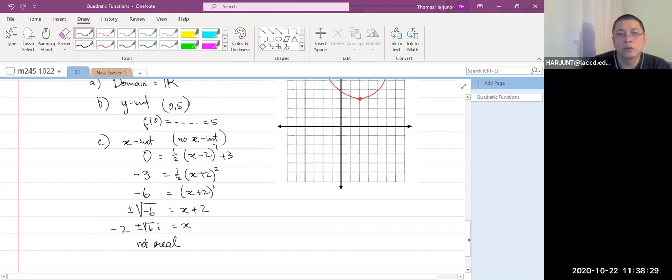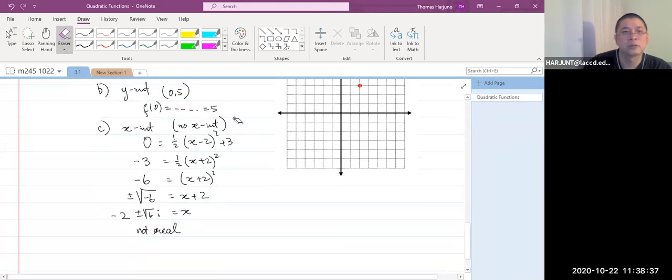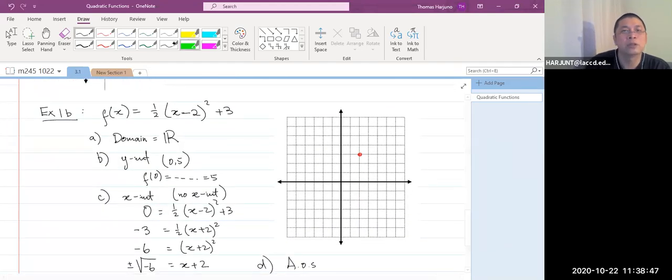But you will see that this graph will still have a vertex, and it will still have an axis of symmetry. Now, how do we get the axis of symmetry? Well, from the transformation. You see, (2, 3), that's the vertex.